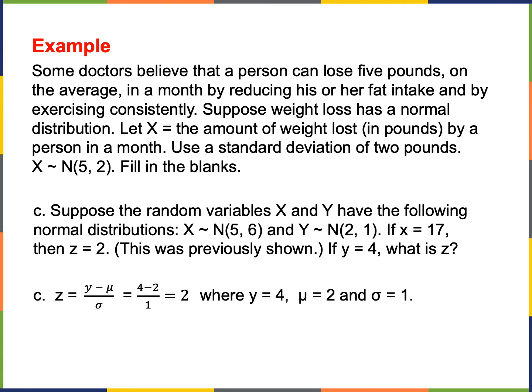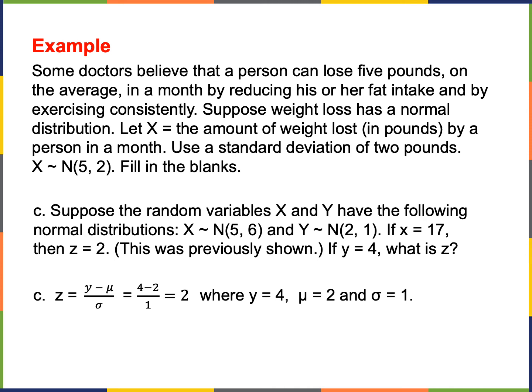And they ask, if y is 4, what is z? If y is 4, we're only going to use this one because it deals with the variable y. And we just plug it into the equation. So z is equal to the data value y, so 4, minus mu, which is 2 here, all over sigma, which is 1.